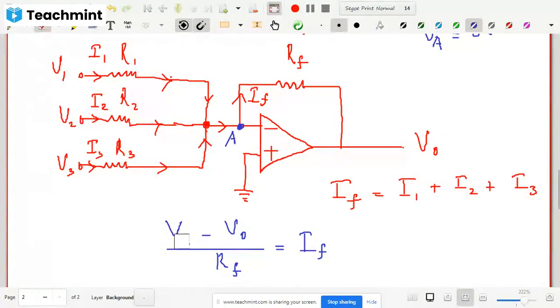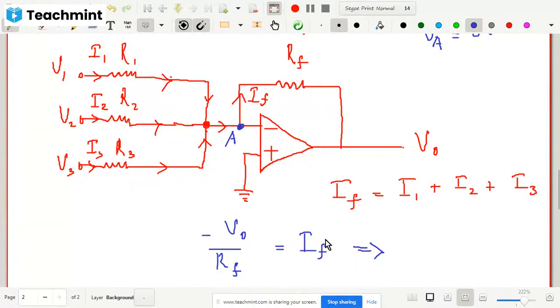So if I put 0 here, it will be 0 minus V naught, which is just minus V naught. So you will get the expression minus V naught divided by RF is equal to your IF.